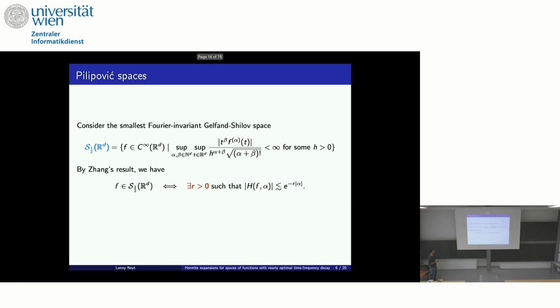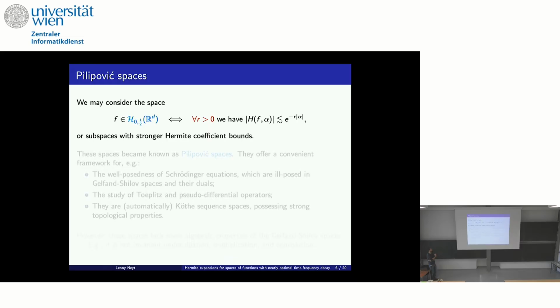Then Zhang showed that, okay, these are exactly the spaces such that the Hermite coefficients have this kind of decay for some R. Then, all right, what if we just change the parameter? What if R can be chosen arbitrarily small? And this then naturally leads to a new kind of space we could have, which we call the first and largest proper Filipovic space.